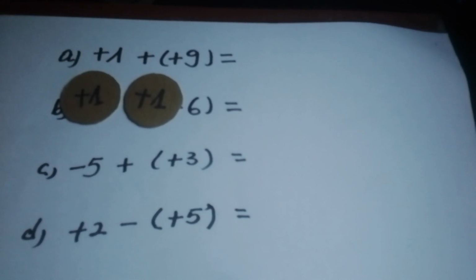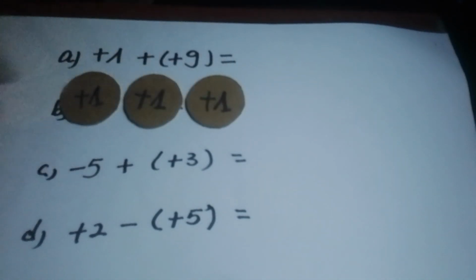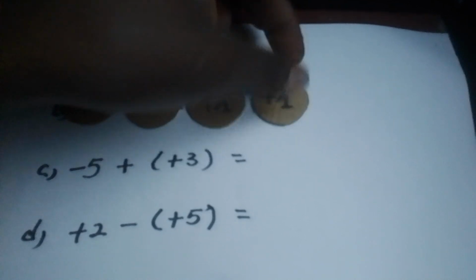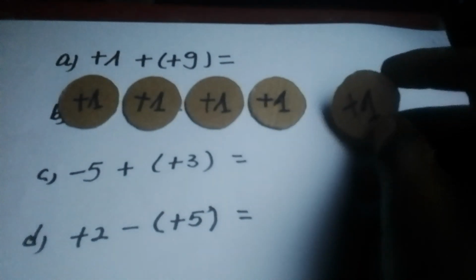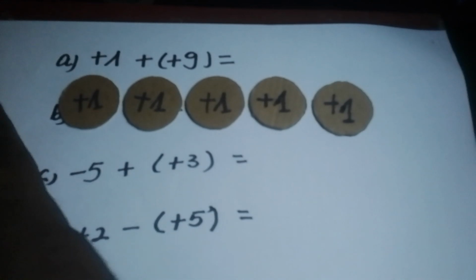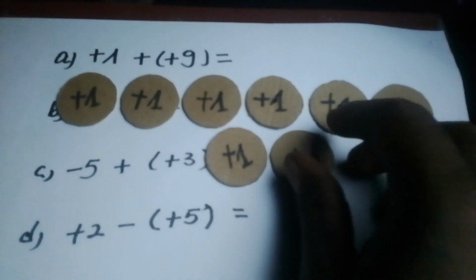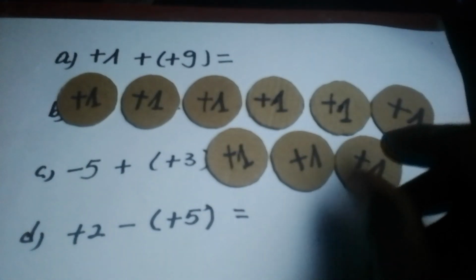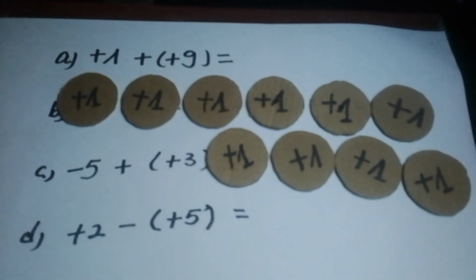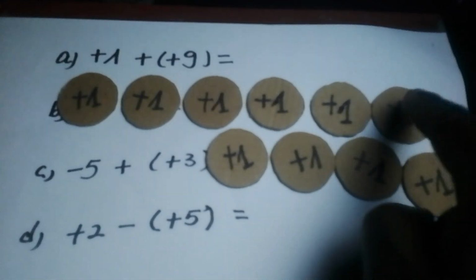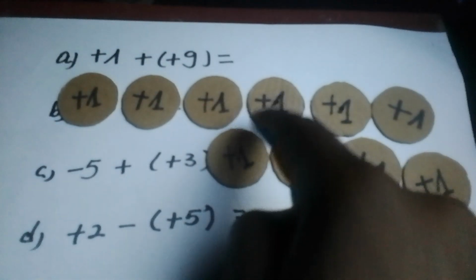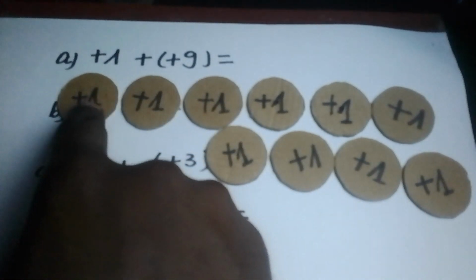1, 2, 3, 4, 5, 6, 7, 8, and 9. Now, if I count them together, I find 1, 2, 3, 4, 5, 6, 7, 8, 9, and 10.